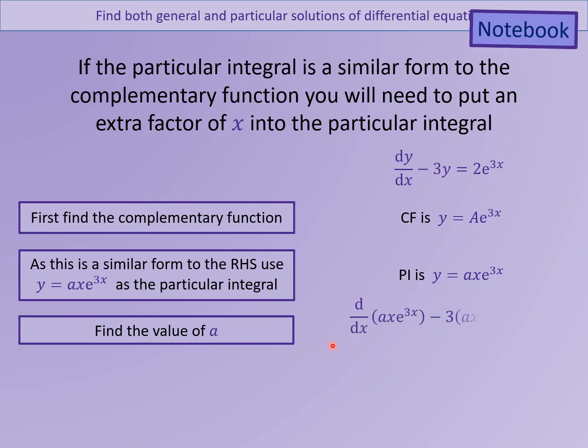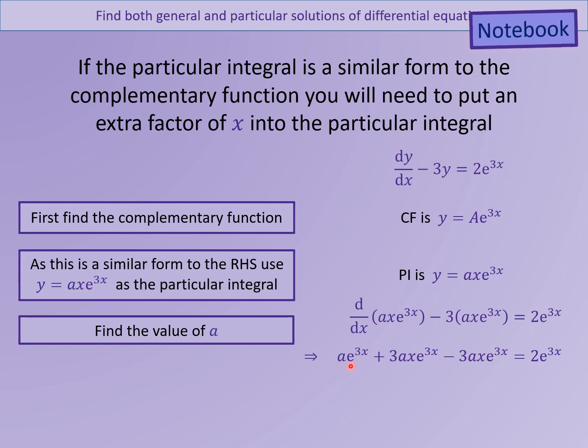So when I differentiate it, this is going to be the product rule, and this is just 3 lots of ax e to the 3x. What happens is when I differentiate this, I get this part, and notice that this cancels with that. And the reason why it cancels is the same reason why it didn't work earlier on. So now they cancel out.